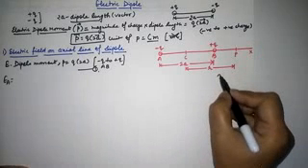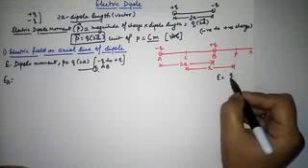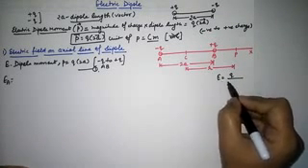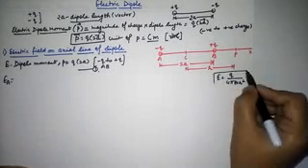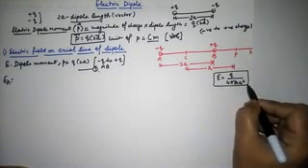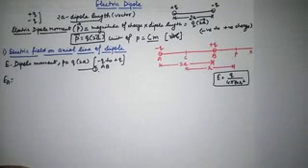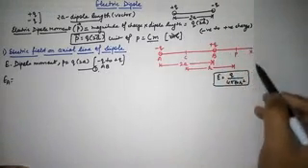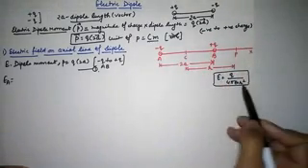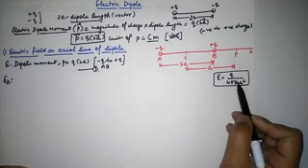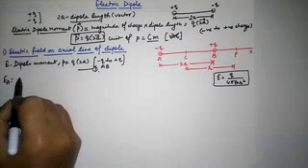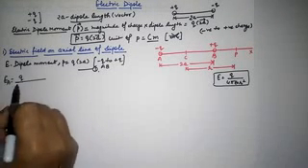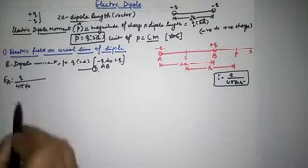We know that the formula for electric field due to a point charge is E equals Q upon 4 pi epsilon naught R square, where R is the distance of that point from the charge. This system is taken in free space or air, because we are taking epsilon naught. So here EA is equal to Q upon 4 pi epsilon naught R square.